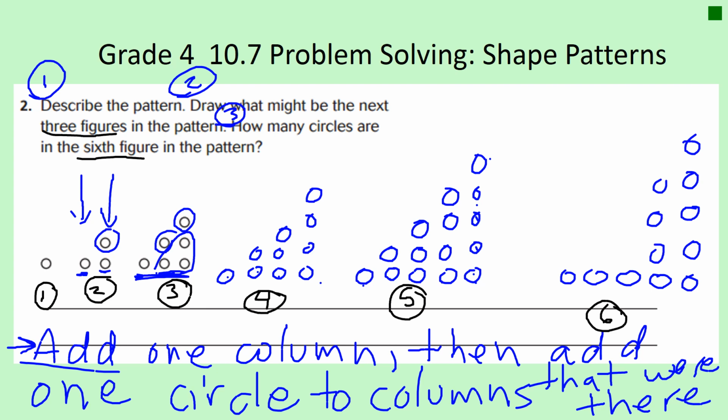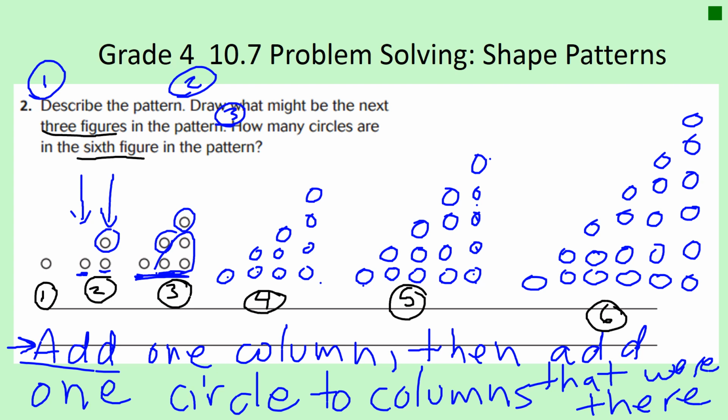Make our little triangle figure. Gosh, I drew that one big, didn't I? Okay, so add one more column and then add one circle to each of the columns that were already there. All right, what do you think, guys? Pretty good? It's not perfect, but hey, we got the right number of circles in there.